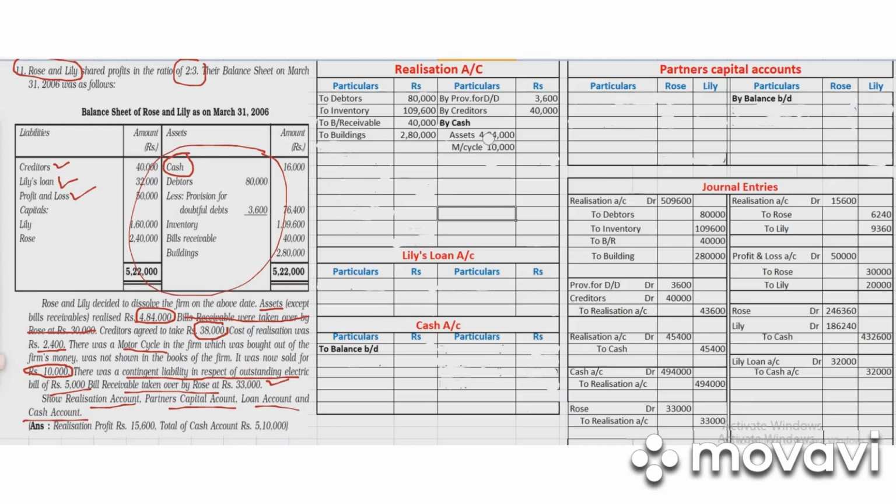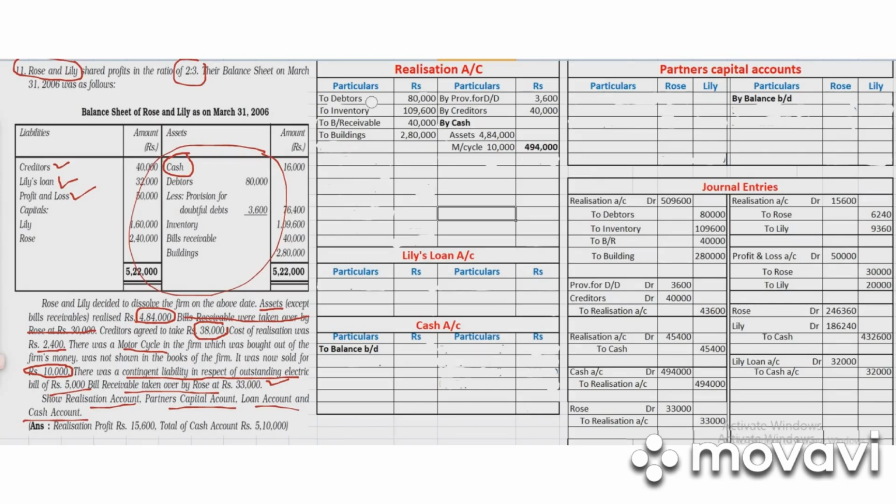Okay, now is there anything else? So you can see here, this is the total cash realized through the sale of assets, both the recorded assets and the unrecorded assets. So the total amount is coming here, 4,94,000.